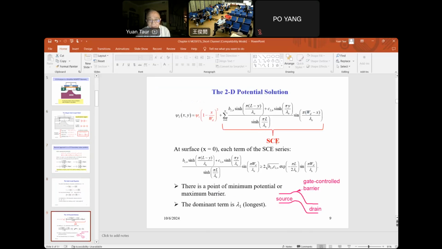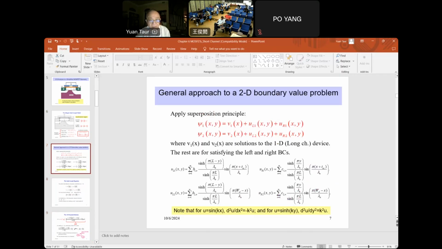Right. So if you look at the 2D potential in silicon, psi 2, it has two terms. The first term is V2, the long channel solution, and then you have the second and third, the short channel solution.